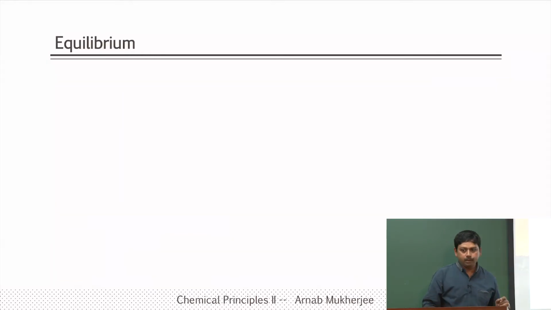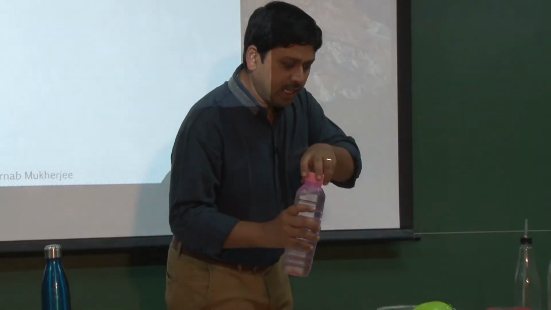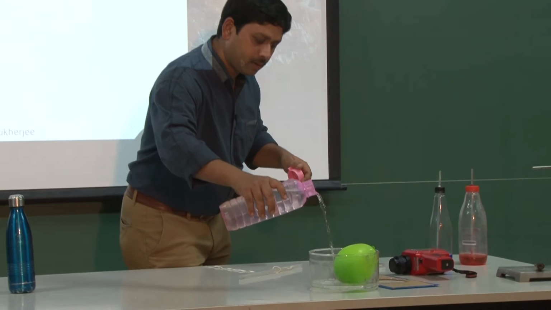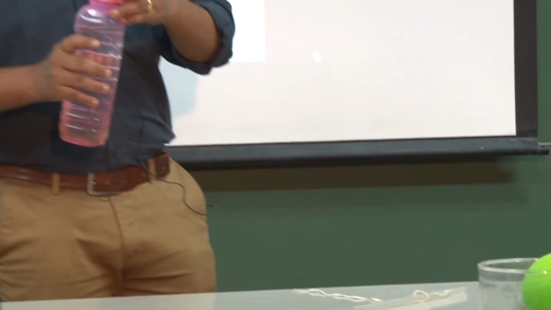Now, we discussed the description of variables in equilibrium. So, when I say 1 liter of water, I mean 1 liter of water at room temperature at equilibrium. For example, if I take this bottle of water and I pour some water here, while pouring it the system is not in equilibrium.